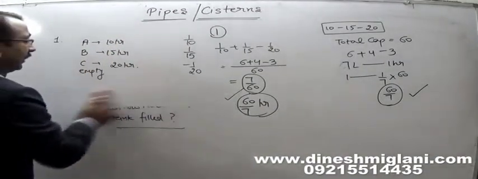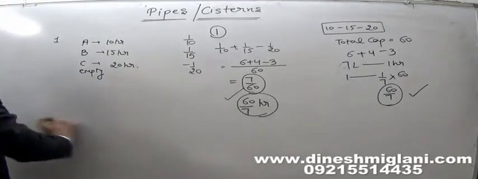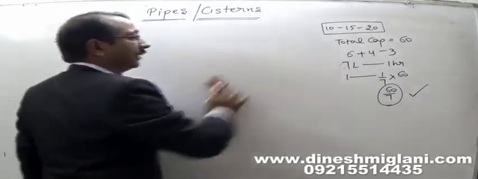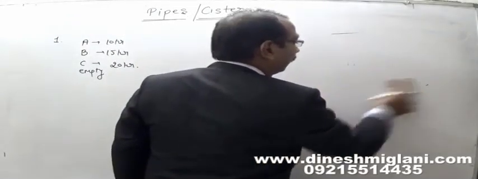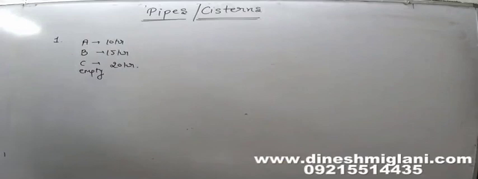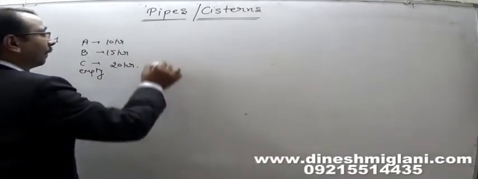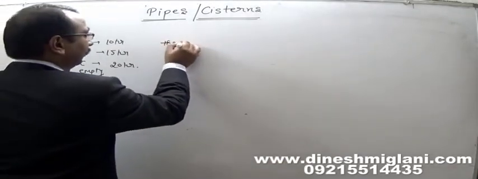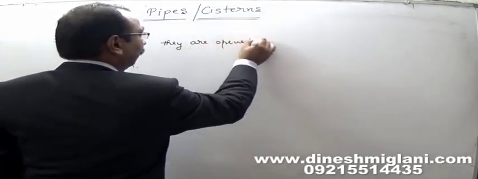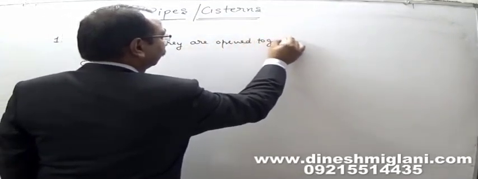Let's have the next type of questions here. Suppose this information is the same. A, B, C, the three taps are there. A can fill the tank in 10 hours, B can fill the tank in 15 hours, and C can empty the tank in 20 hours. Now the question is, they are opened together.